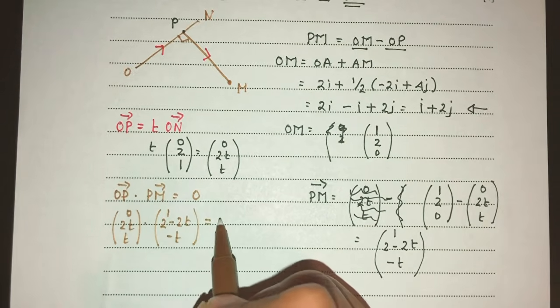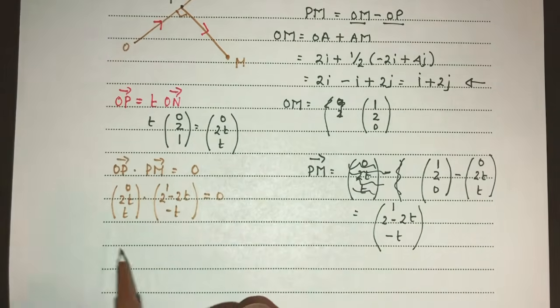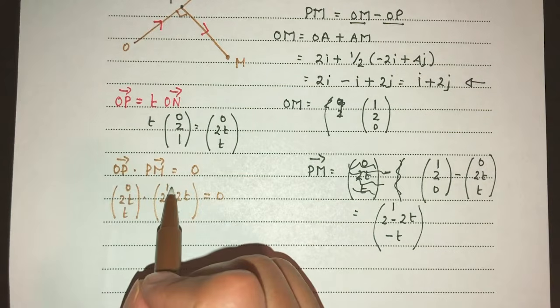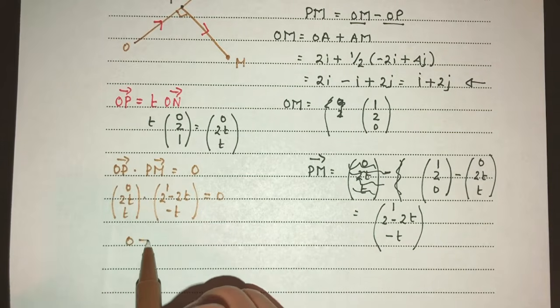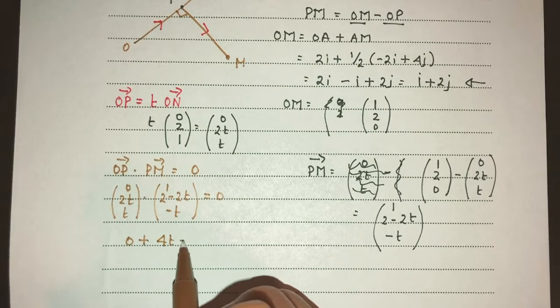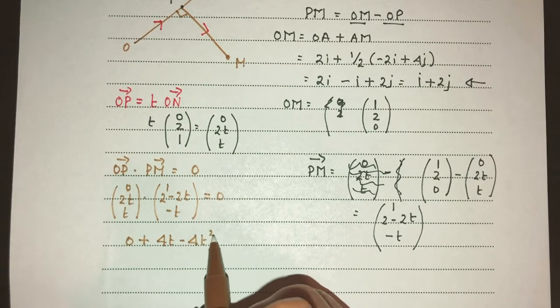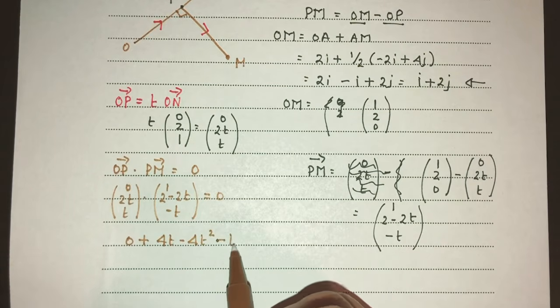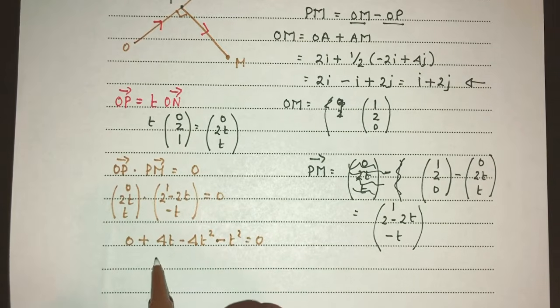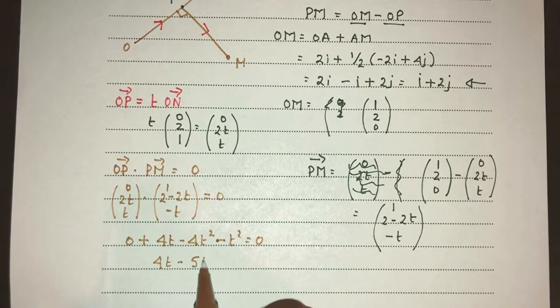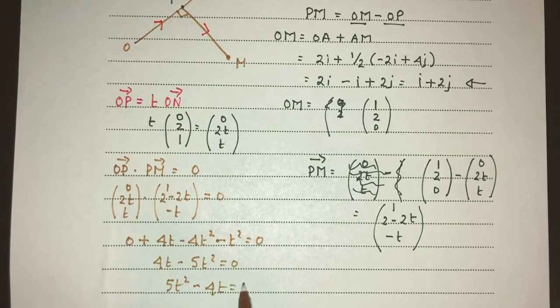This is equal to 0. Now solve: 0 times 1 is 0, plus 4t minus 4t squared, then minus t squared is equal to 0. So 4t minus 5t squared is 0. So 5t squared minus 4t is equal to 0.